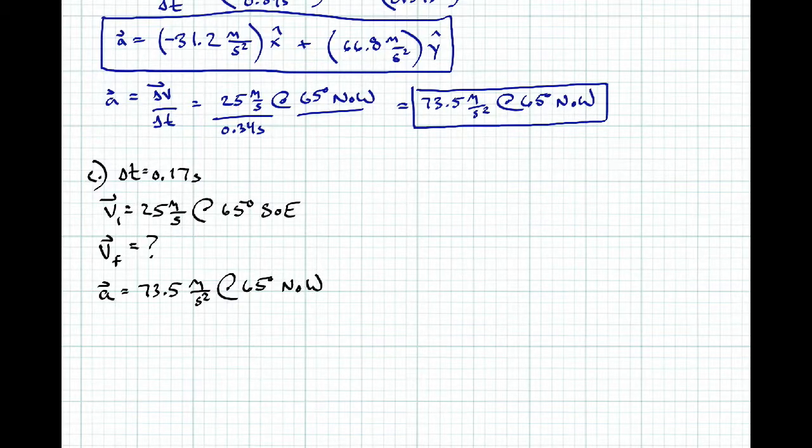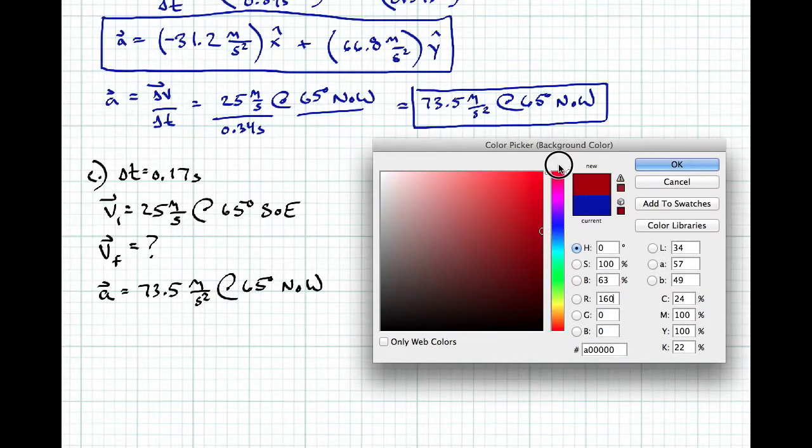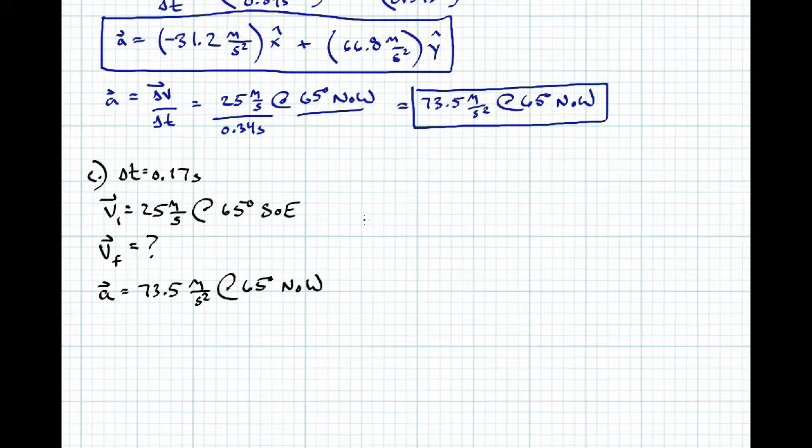So if the initial velocity is in this direction, and my acceleration is in the opposite direction, we can say that the acceleration is a negative acceleration compared to the initial velocity.